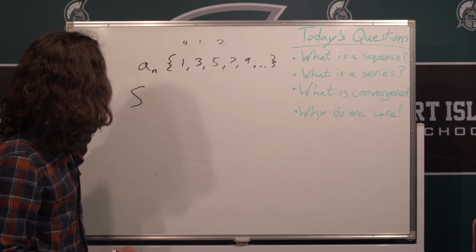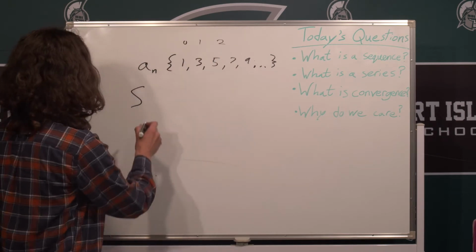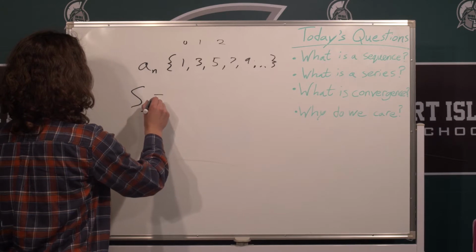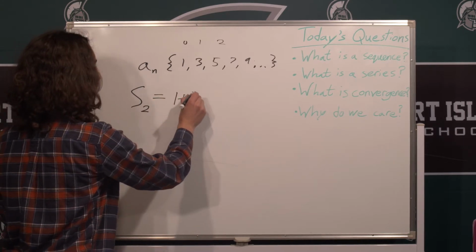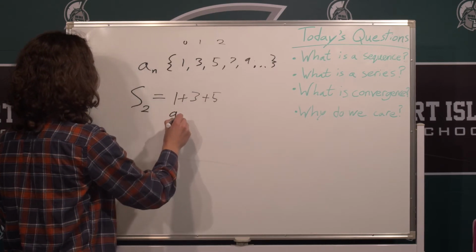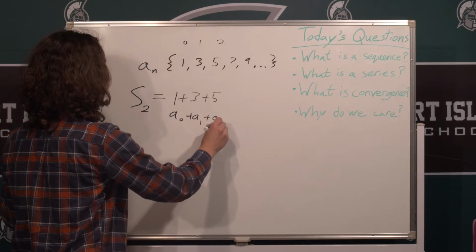If I want to add up all the terms up to where n equals 2, I'd say the sum up to n equals 2 equals 1 plus 3 plus 5. Or, more generally, a sub 0 plus a sub 1 plus a sub 2.